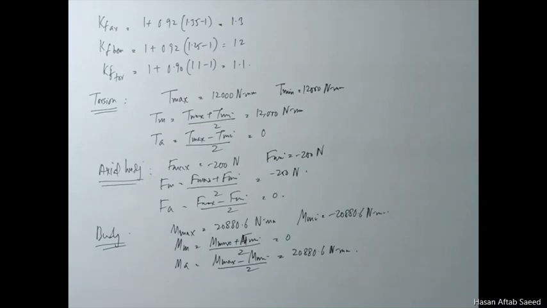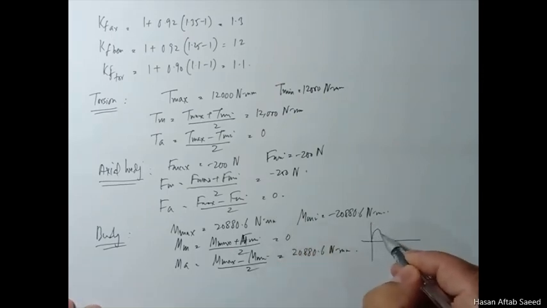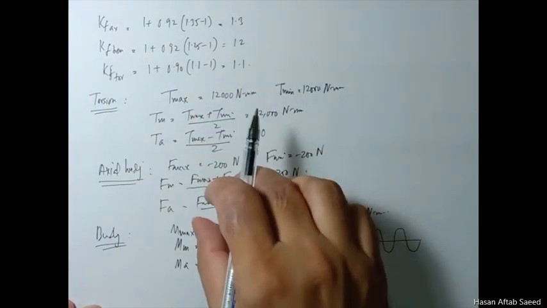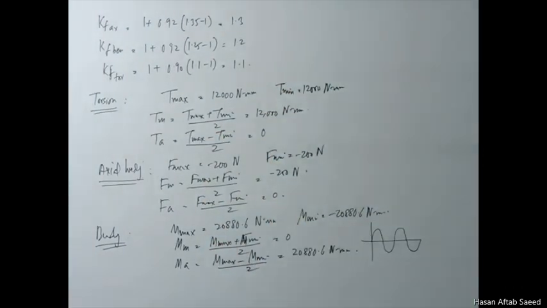But in the case of bending, the opposite is true. As long as you are keeping your tool pressed, in every cycle you have a sinusoidal wave, and there will be an amplitude component of moment which we have calculated, and the mean of that is 0, because you have a situation like this, something like this, mean is 0.